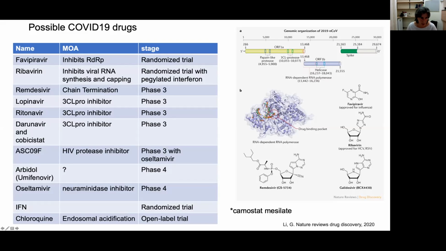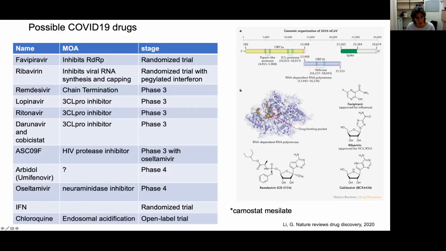You can see the other drugs listed here. I only put in this table drugs that are in advanced stages of clinical trials. And as I mentioned before, most of them are RNA-dependent RNA polymerase inhibitors or protease inhibitors.